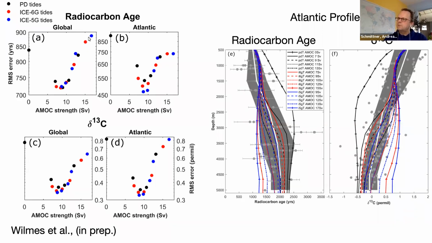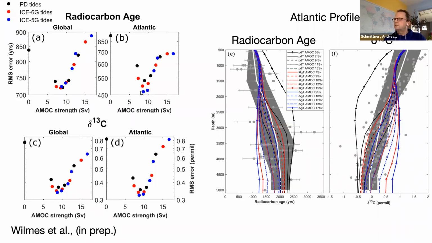I was kind of surprised that all of these dots fall essentially on one line here. But if you look at the Atlantic only, you can see some separation between the different tidal mixing runs. And now the black dots with modern present day tidal mixing, they have slightly higher RMS errors than the ones with higher mixing.